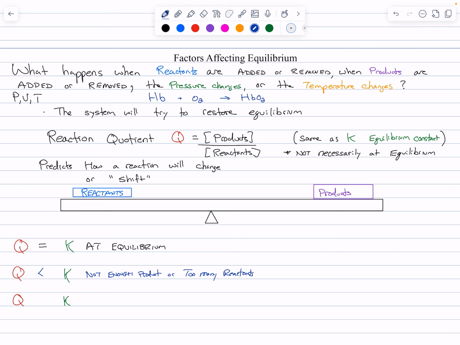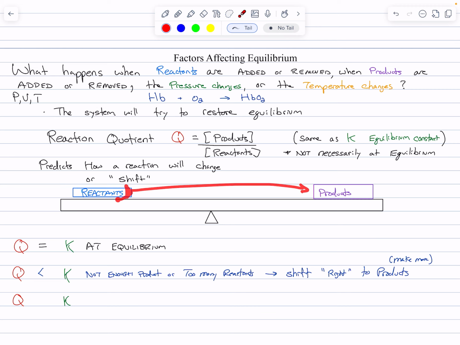So the reaction will shift right to products. We want to make more. Some of these reactants would come over to make products, so the reactants would be smaller and the products would be bigger. That's how to restore equilibrium, to make sure we're balanced.